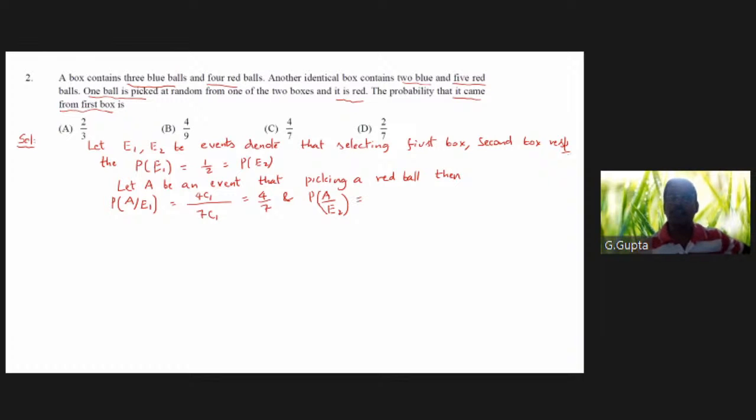There are 5 red balls, so one red ball can be drawn in 5C1 ways, out of 7 balls in 7C1 ways. That is 5 by 7, since total balls in each box is 7. Now the required probability.